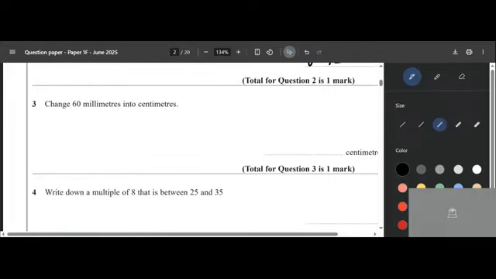We can proceed now to the next part, which you're told in question 3. You're told to change 60 millimeters into centimeters. So, you know, there is always a hierarchy.